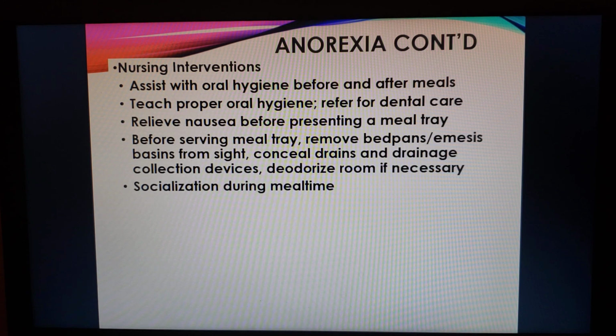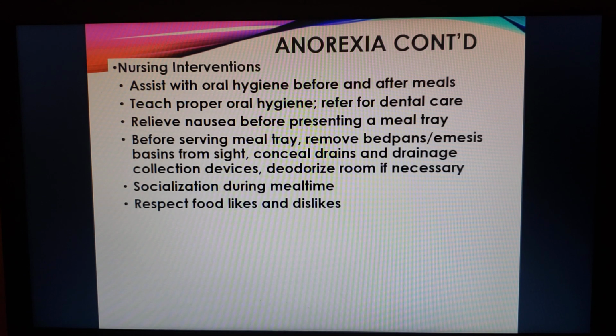Socialization is important during mealtime, and so we can implement socialization depending on the facility. They can go to the dining hall, or we can invite family members to come and bring dishes from home. This can sometimes help the patient.